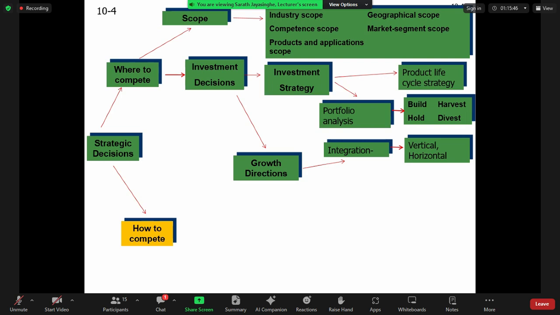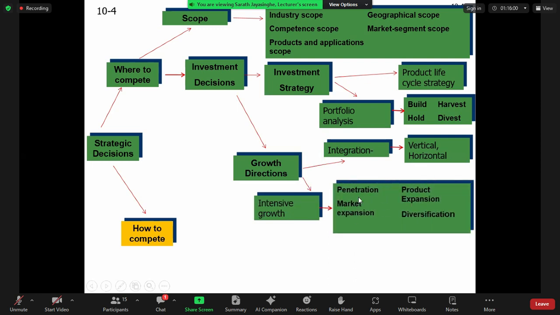And also horizontally you can acquire your competitive firms. That is coming under horizontal integration. And then you can think about intensive growth. What do you mean by this intensive growth? Right? Penetration, market expansion, product expansion, diversification. Can you remember this model? What do you call it?